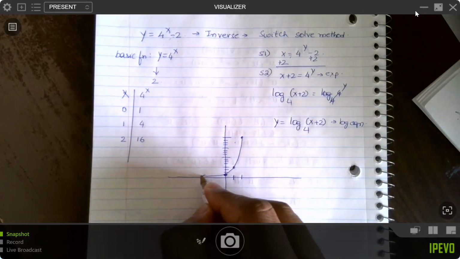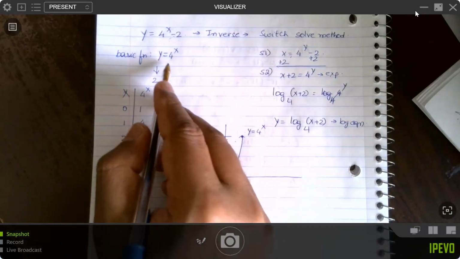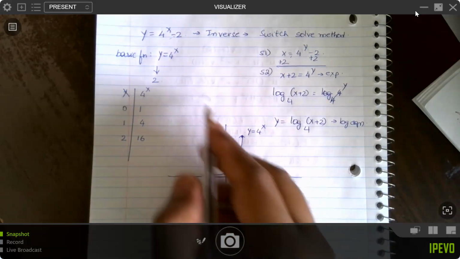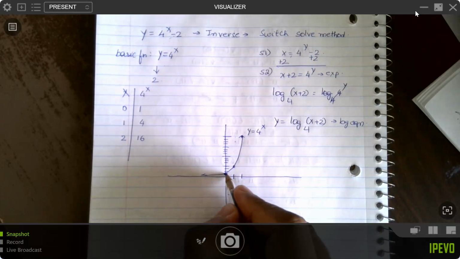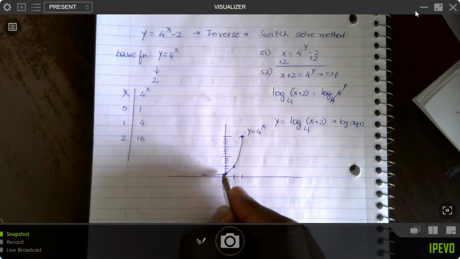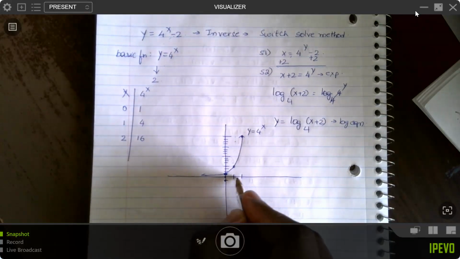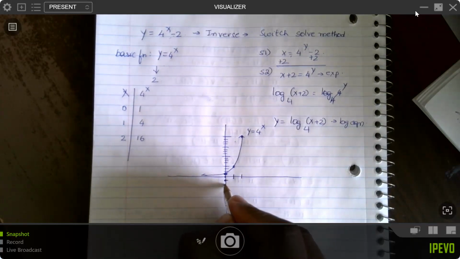Okay, the rough sketch. This is y equals 4 to the x, but 4 to the x minus 2 means you're moving the graph down by 2 units. So that means your y-intercept will move 2 units down, so 0 and negative 1. Then your horizontal asymptote will move 2 units down, so it is y equals negative 2.